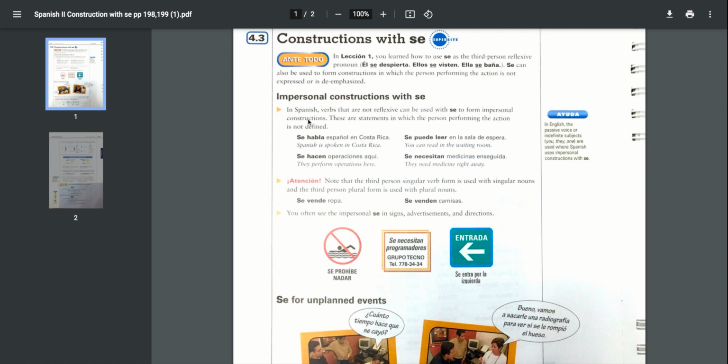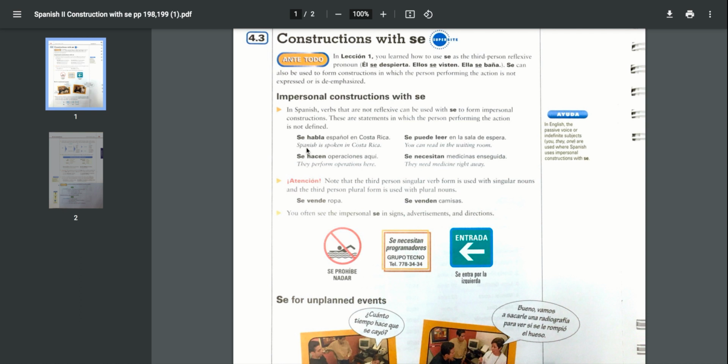Okay, so in Spanish, when you're talking about impersonal constructions, you're talking about statements in which the actions or the persons that perform the actions are not mentioned or defined. So they're more general, and so you would have something like the example here, se habla español en Costa Rica.